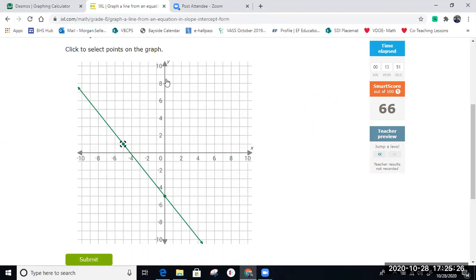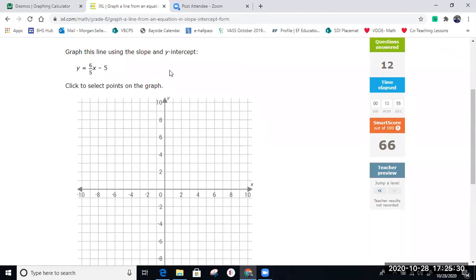And the same as if you, let me try to think of an example of when you'll run out of room. Let's say it's y equals positive 6/5 x, and then it's plus 8. So this one, I'm definitely not going to be able to go up 6.